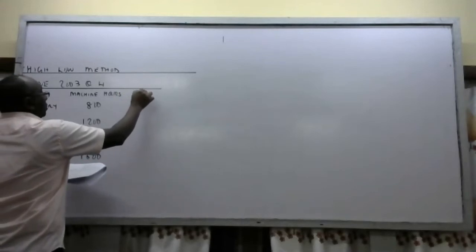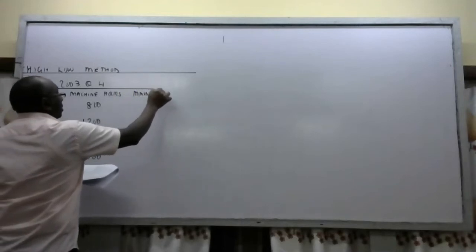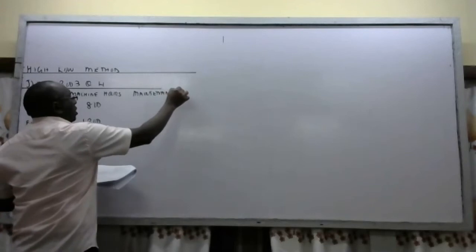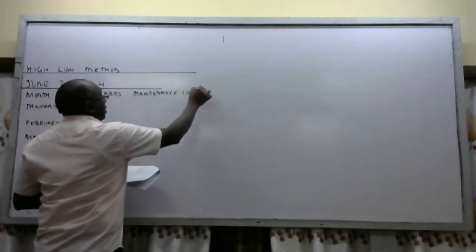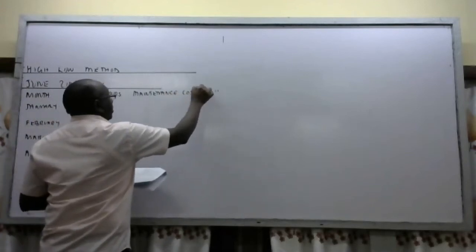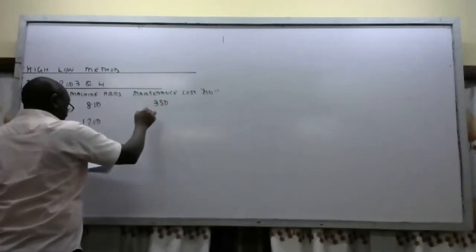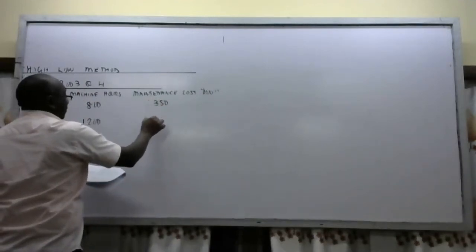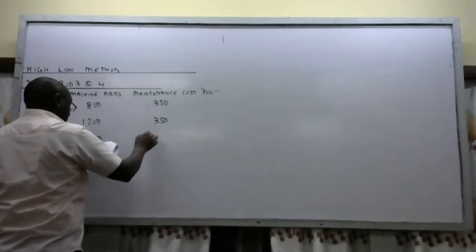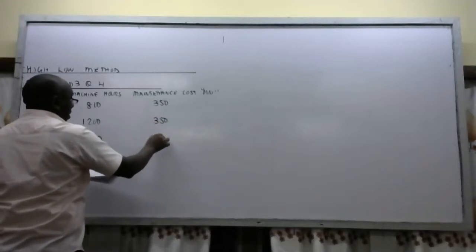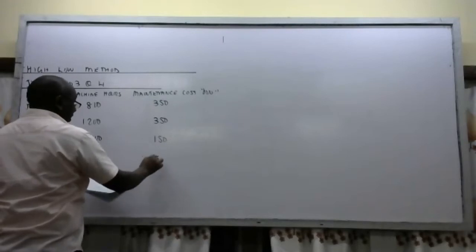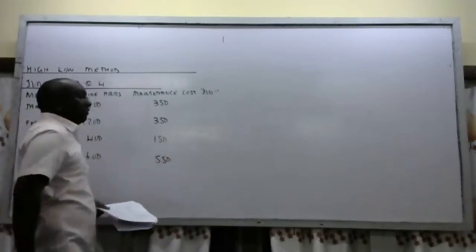Maintenance costs, shillings in thousands. We have 350 here. We have 350 also. We have 150. And we have 550.